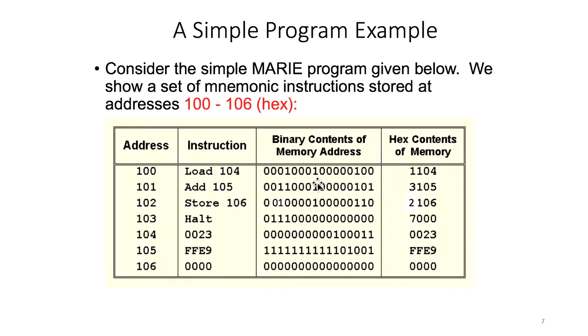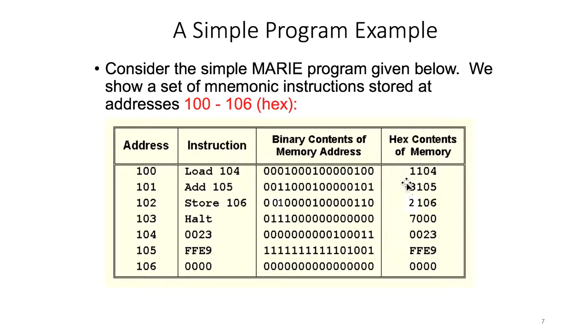value of 104. That's the representation of 104 right here. This is 1, 0, and 4. That's the hexadecimal value.